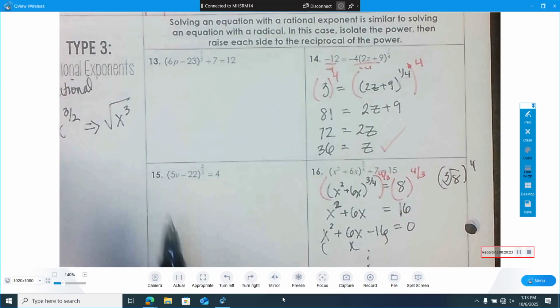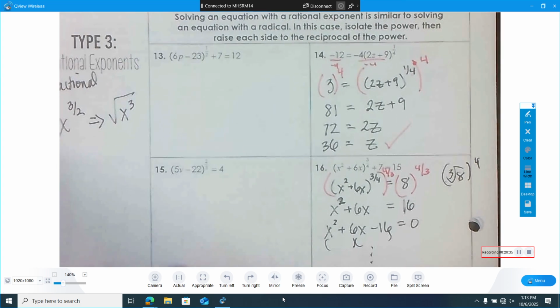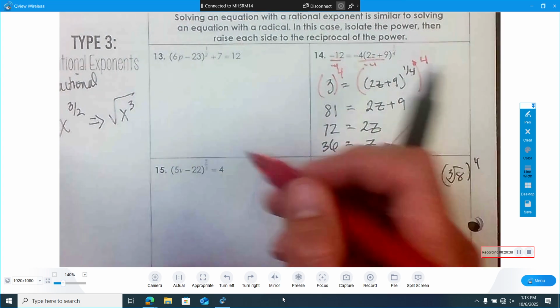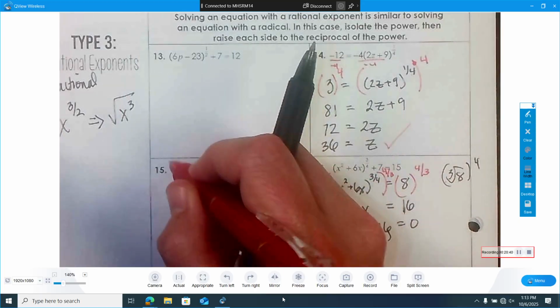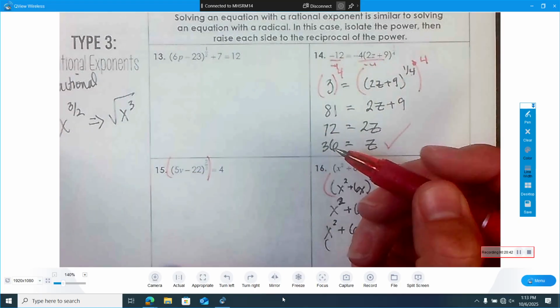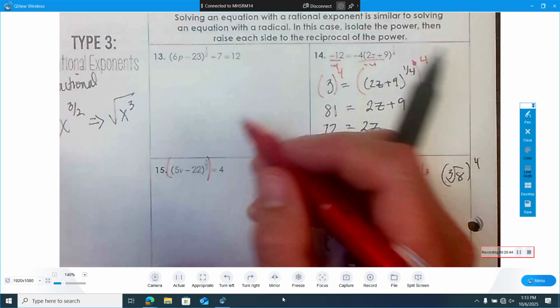But I do want to talk about 15 real fast, too. The radical is isolated. So how do we get rid of that rational fractional power? How do I get rid of the 2/3? 3/2?